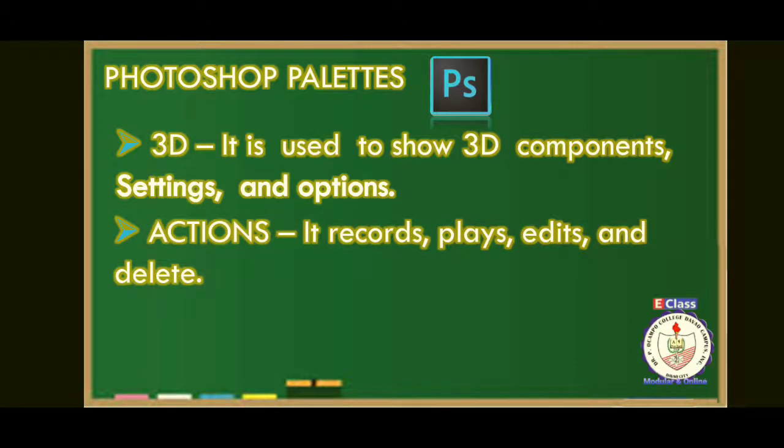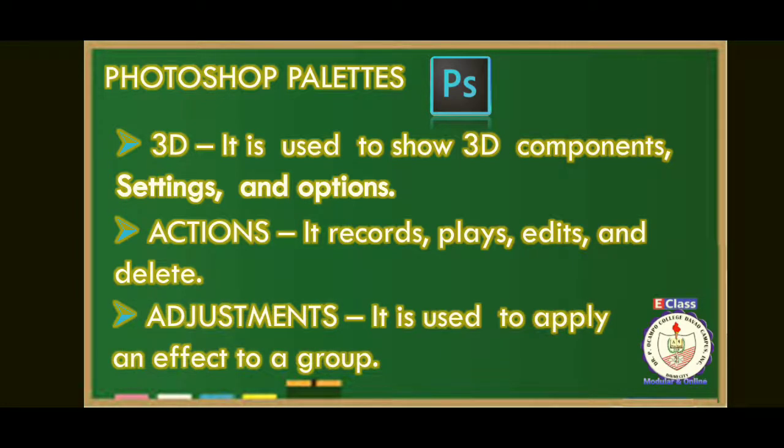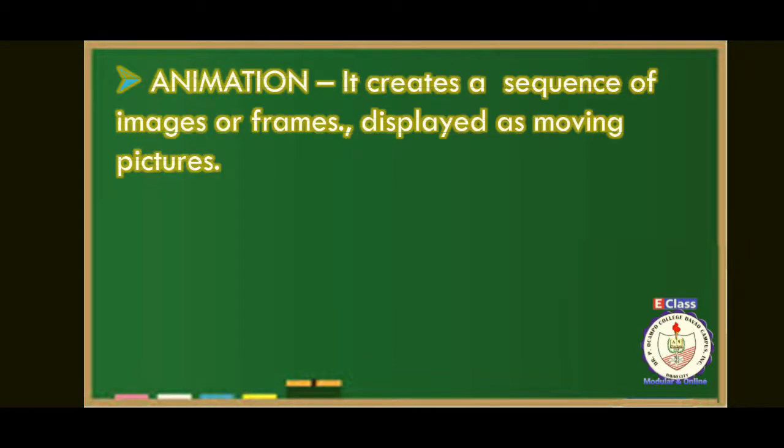Next is Actions. It records, plays, edits, and deletes. Next is Adjustments. It is used to apply an effect to a group that you can edit while preserving the original layer.